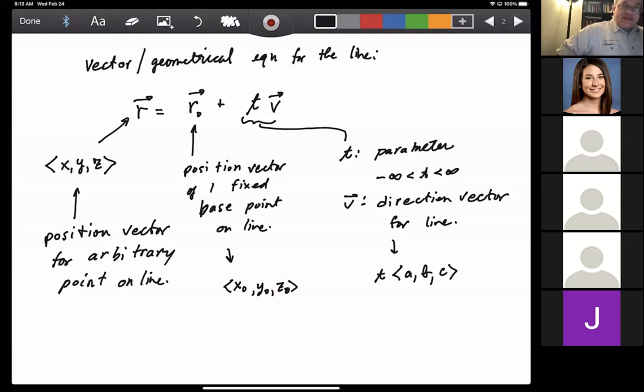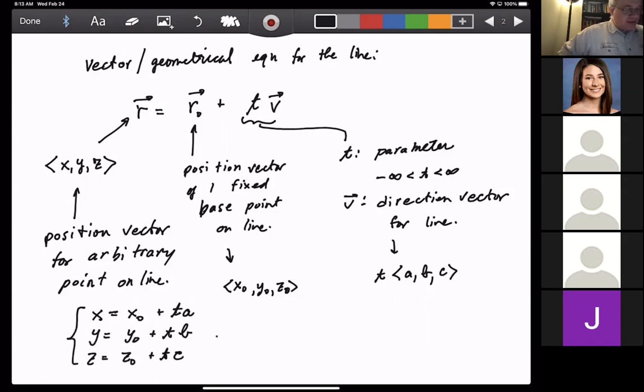So if we break all of this down into the components, the X component is telling us X equals X0 plus TA, Y is Y0 plus TB, Z equals Z0 plus TC. And we want our T to go, whoops, from -infinity to infinity.